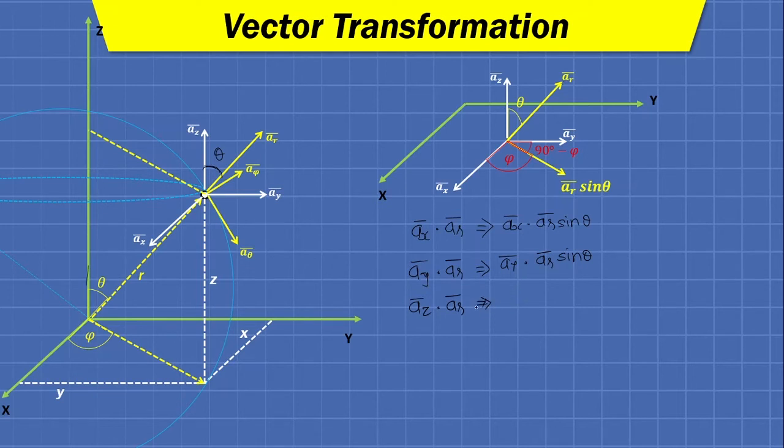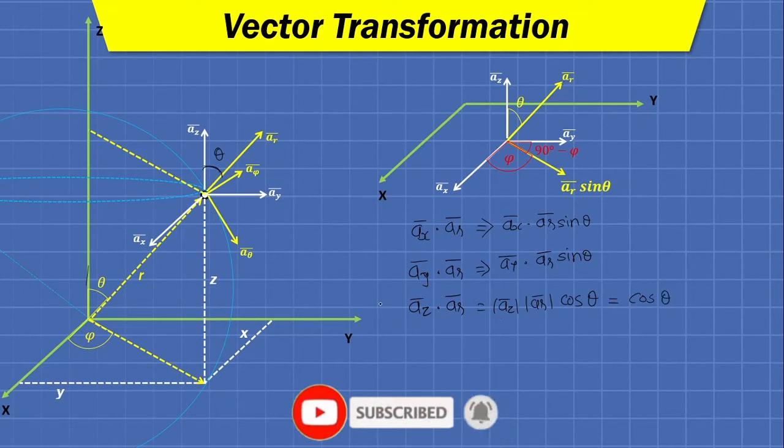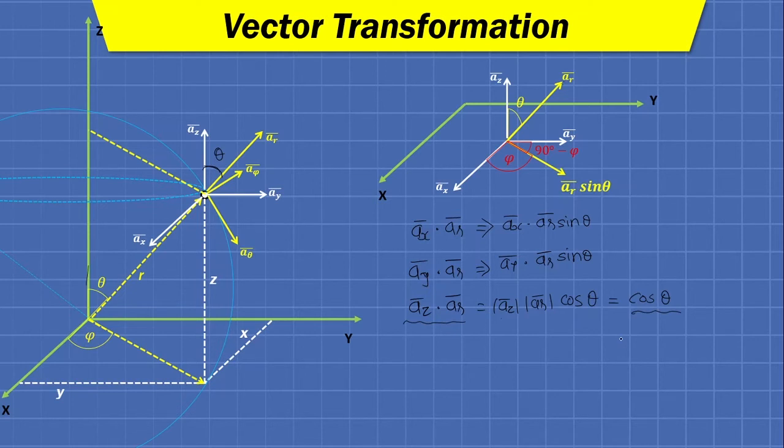So this dot product is directly the modulus of az bar times the modulus of ar bar times cos of the angle between z and r, which is theta. Both being unit vectors, the modulus will be 1, so we get cos theta. So the third dot product has been solved as cos theta.